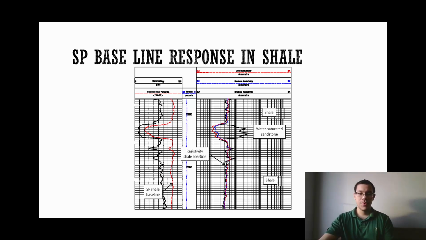In shale, they're all reading the same, but in this water saturated zone, they also make a deflection. Why they're moving in this direction, on the other, we will cover later, but at this point, keep in mind the concept of baseline for shale. In your SP and in your resistivity curve, it will be called resistivity shale baseline.